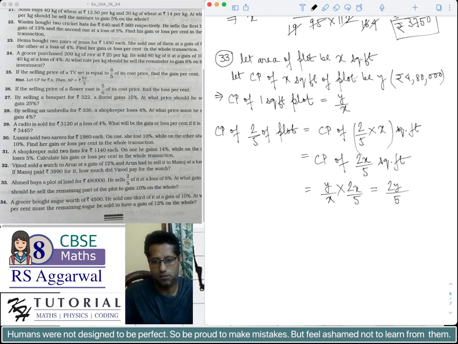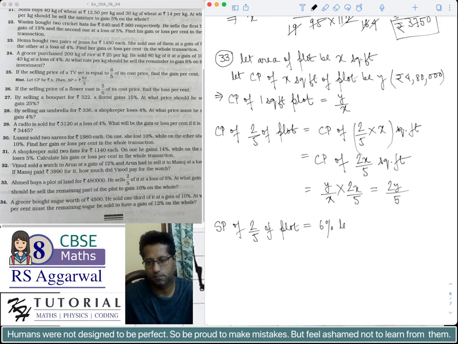Now selling price. It is given that Ahmed sells 2/5 of it at loss of 6%. So selling price of 2/5 of plot then will be equal to, since there is a loss of 6%, 6% less than the cost price of 2/5 of the plot, which is 2y by 5.